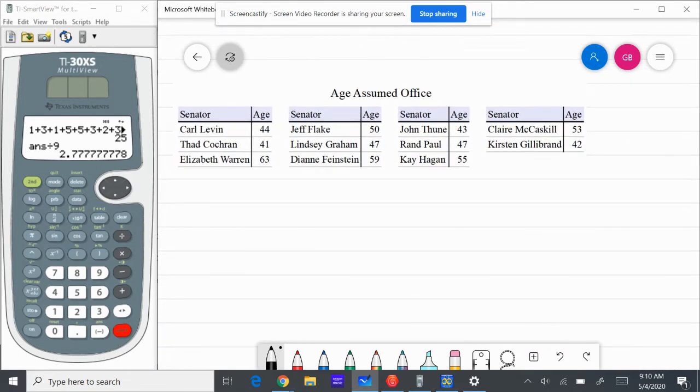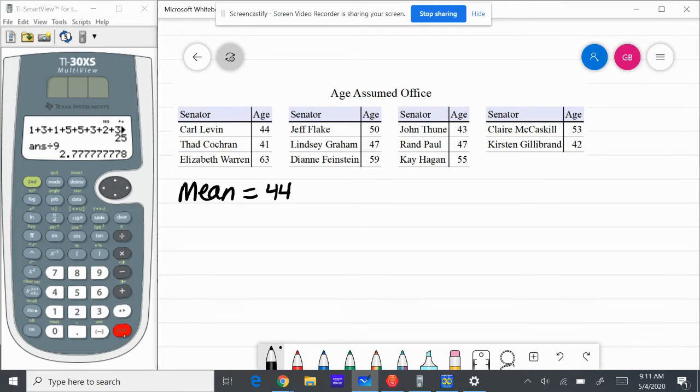Okay, so we have data here, and the title is Age Assumed Office. So we have a bunch of senators, and it looks like they were given the age when they assumed their office. All right, so let's start with the mean. I'm going to go down in each column.